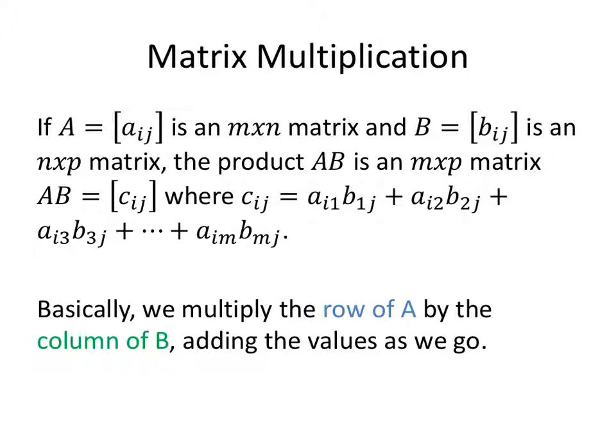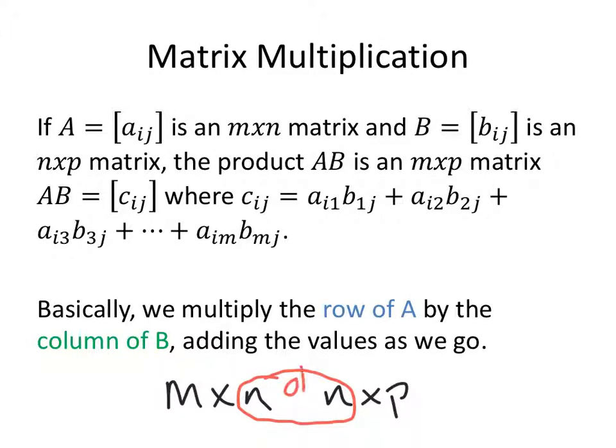But not only can we add and subtract, we can multiply matrices. And multiplication of matrices is actually fairly straightforward when you see it, but don't let the definition mess you up. So, if A, which equals the matrix Aij, is an M by N matrix, and B is an N by P matrix, the product, first of all, these two have to match up.